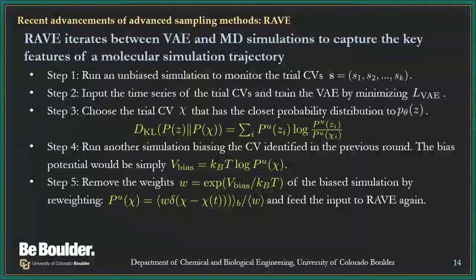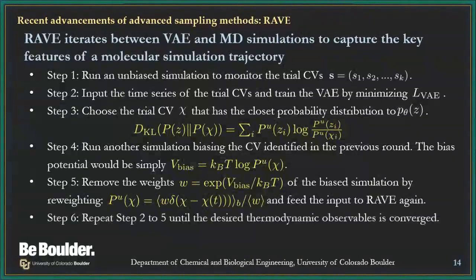Then we feed the reweighted time series to the variational autoencoder. Again, with the reweighted time series, the deep learning network compresses the data to a one-dimensional probability distribution which captures the important features of an unbiased simulation even better than the previous run. We again determine and update the optimal CV by minimizing the KL divergence to ensure physical interpretability of the CV.